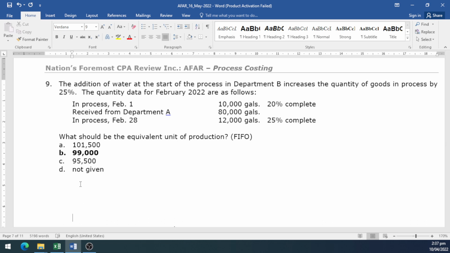Received from A, 80,000. Yan yung dinagdagan ng water. And due to that, the volume increased by 25%. In process, February 28, 12,000 gallons. So, in process beginning, you have there 10,000.